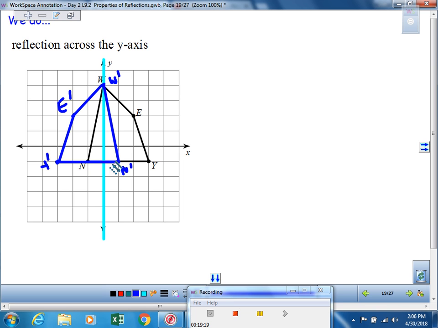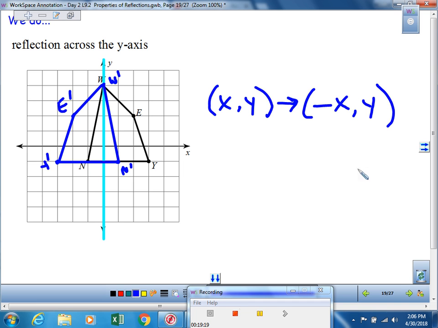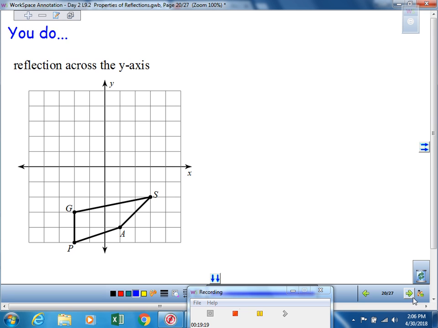And then we're going to write the rule, the algebraic rule would be xy becomes what? Negative x, y. Alright, do this one across the y.